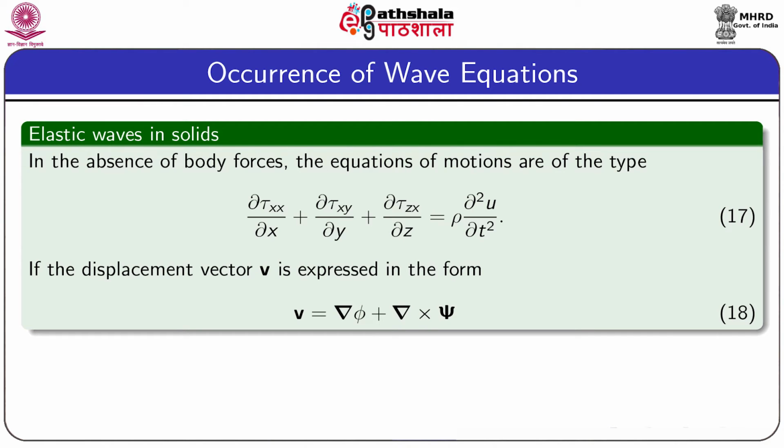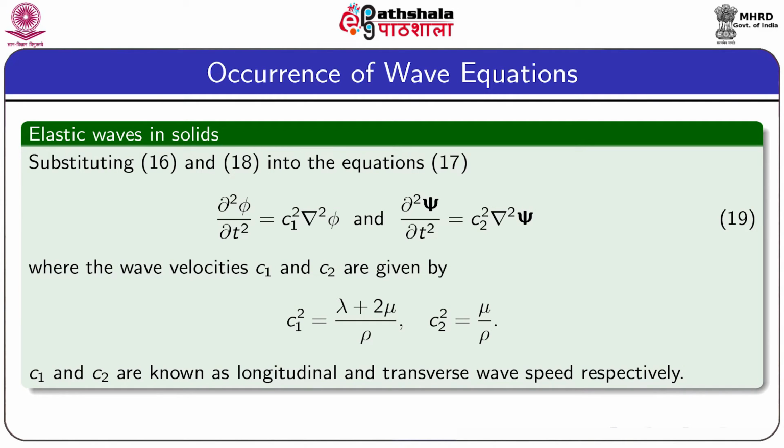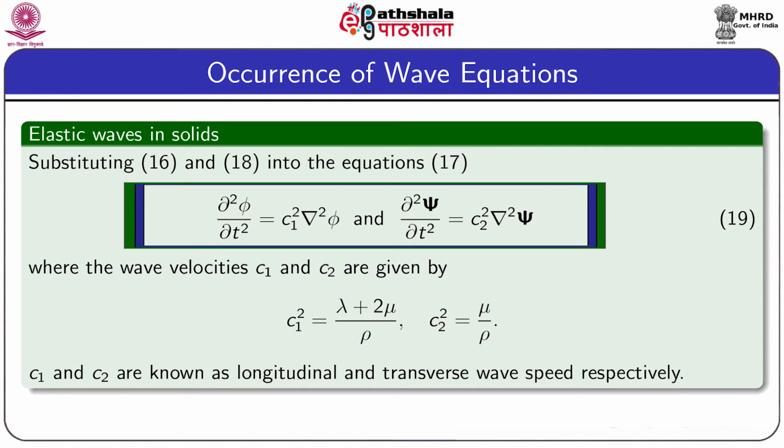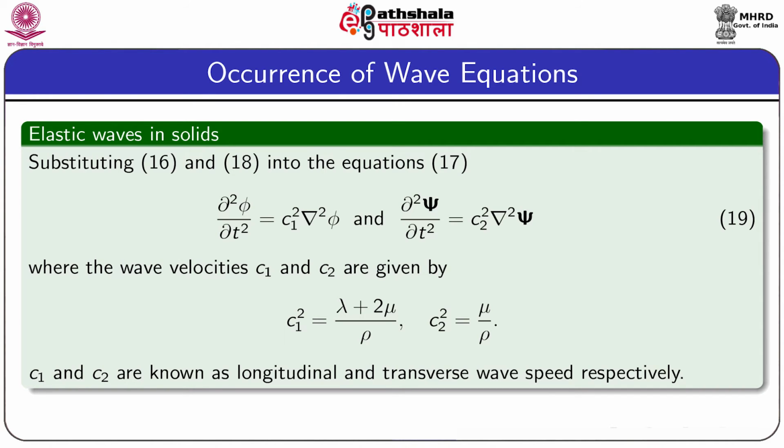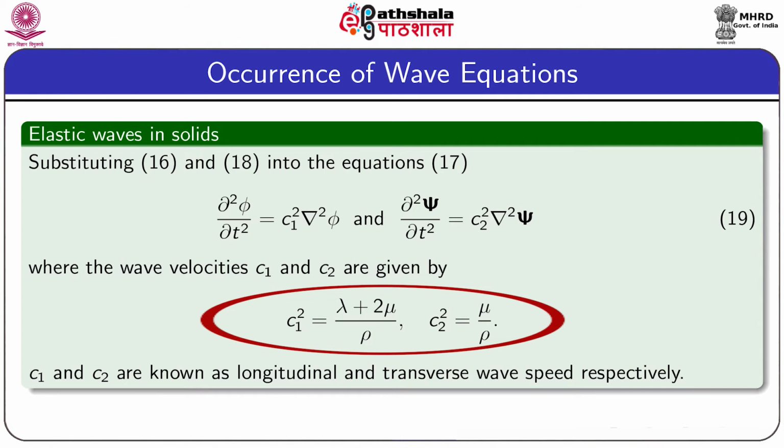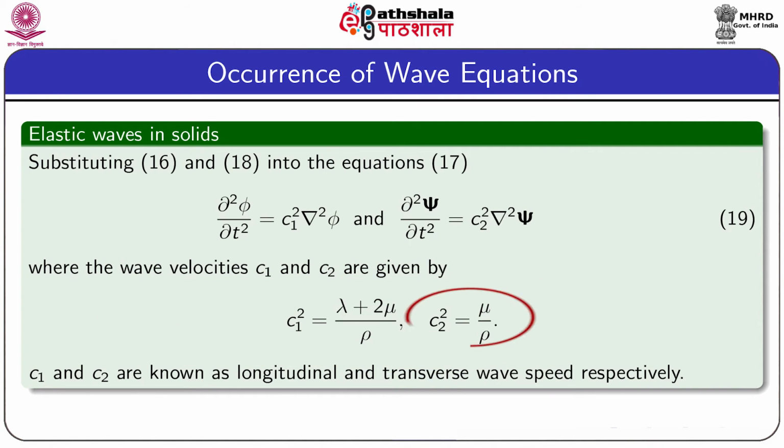So, if we substitute 18 in 16 we get the equations ∂²φ/∂t² equals C1² grad square phi and ∂²ψ/∂t² equals C2² grad square psi, where the constants are given by C1² equals (lambda plus 2 mu)/rho and C2² equals mu/rho.